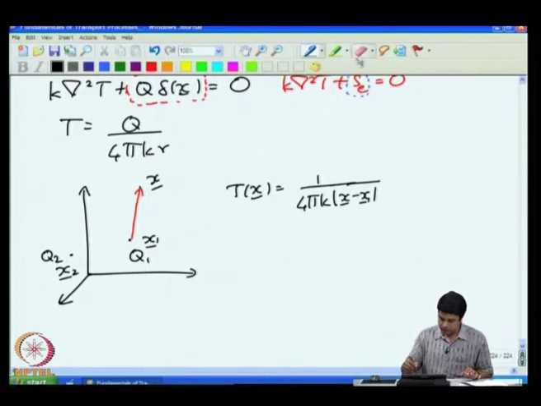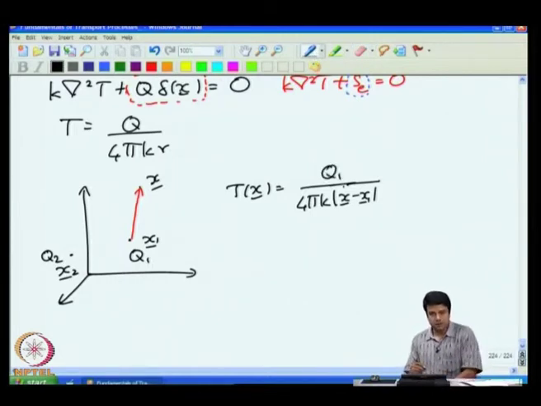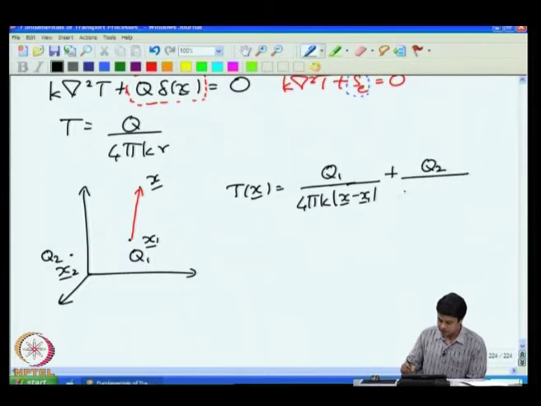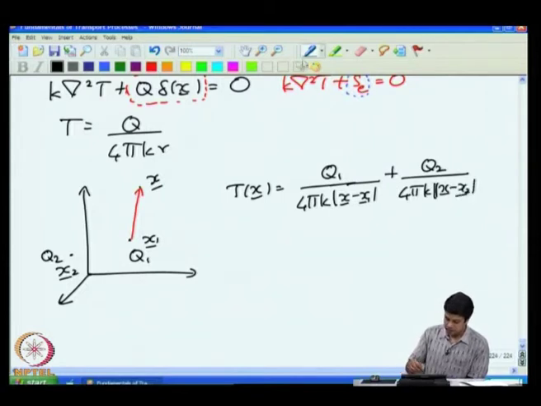The temperature field due to the source of strength q1 at x1 is equal to q1 divided by 4 pi k into modulus of x minus x1. I have another source of strength q2 at x2. That means that the temperature field due to that is just q2 by 4 pi k into modulus of x minus x2. Note the modulus in these 2 cases. This is the distance between the 2 locations.